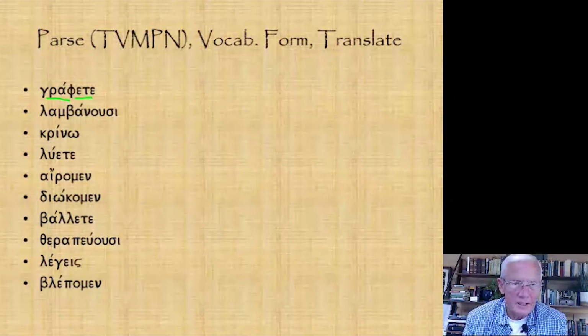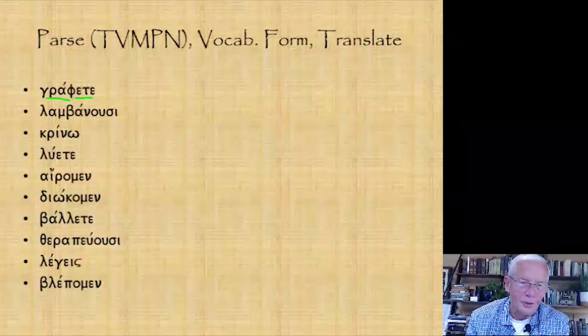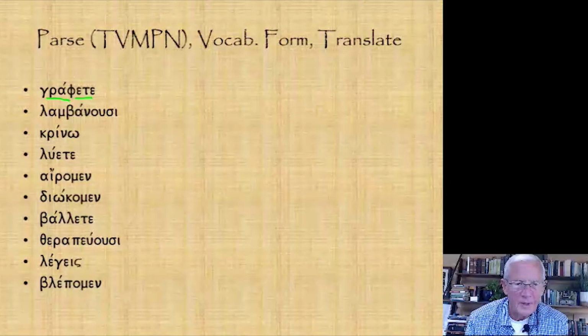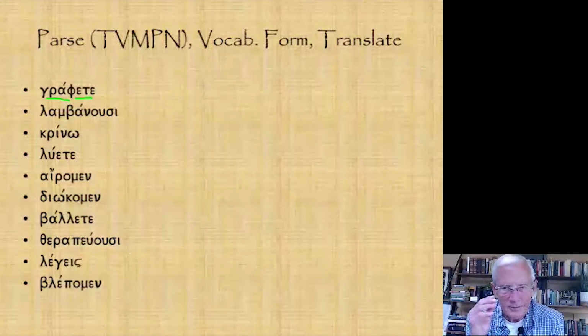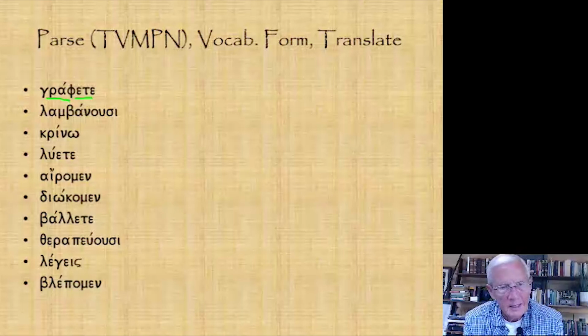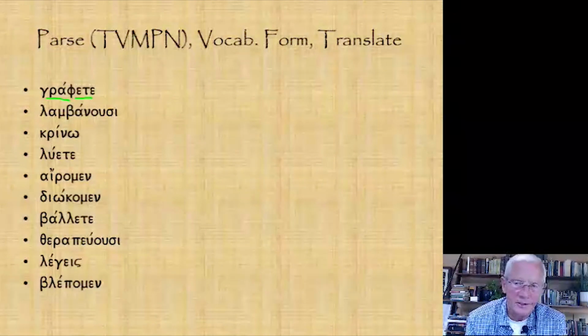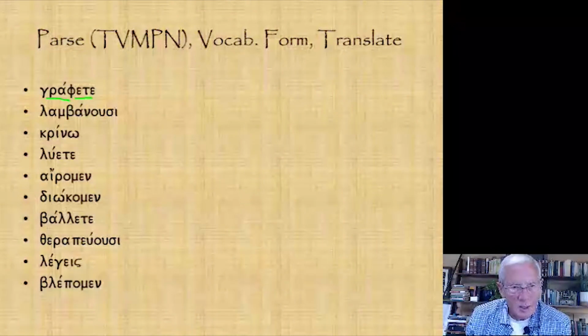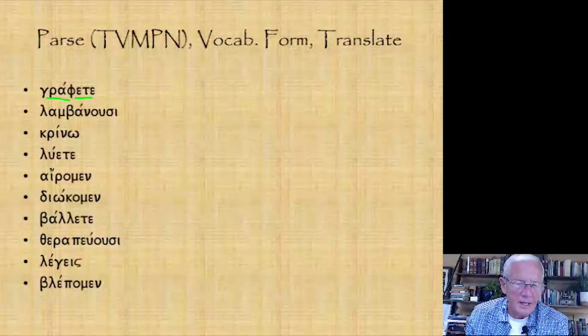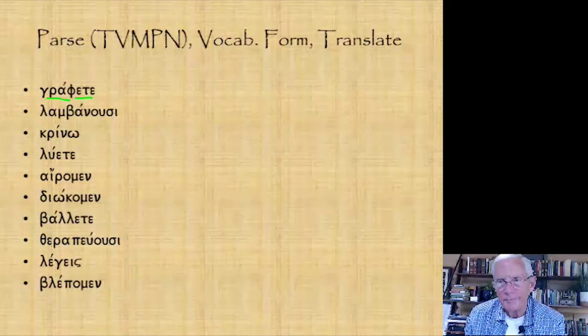Balete, present active indicative, second person plural, you throw. Therapeusi, present active indicative, third person plural, they heal. Legeis, present active indicative, second person singular, you say or you speak. And finally, blepomen, present active indicative, first person plural, we see.